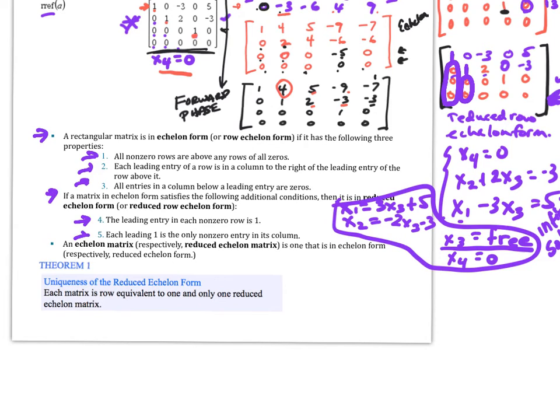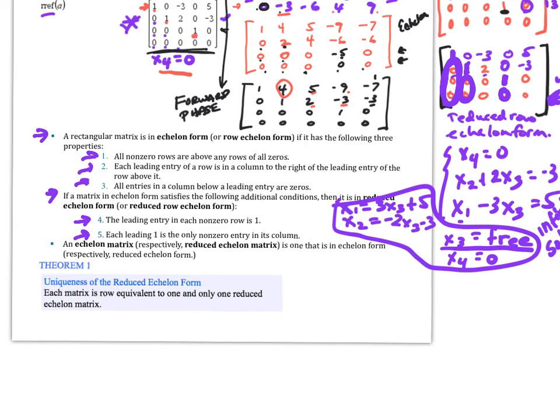And each leading 1 is the only non-zero entry in its column. And so we have a 1 here, with zeros below it, and this is a 1, and that's a 0 below it. So that would be reduced row echelon form.